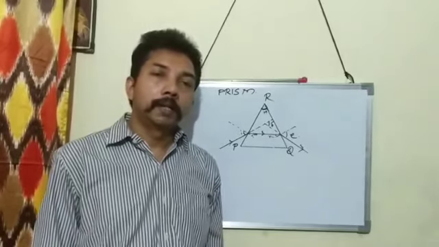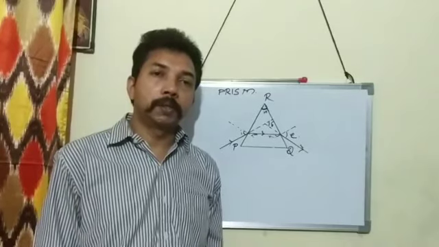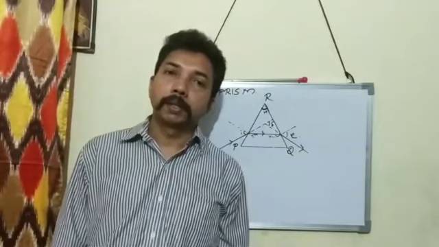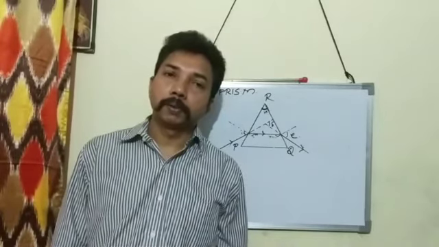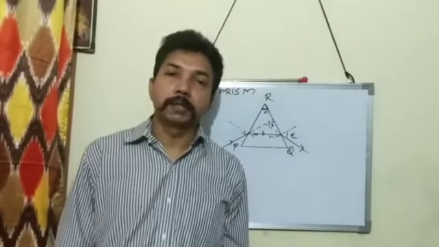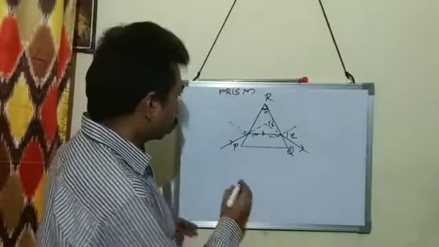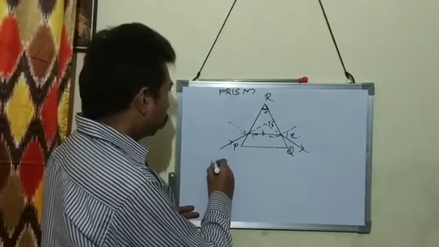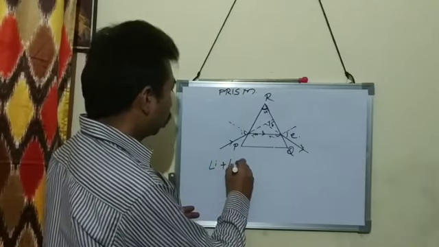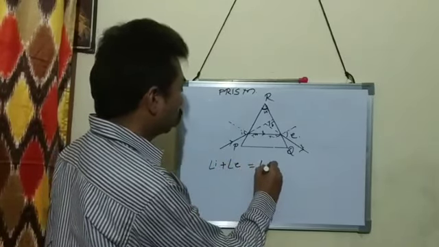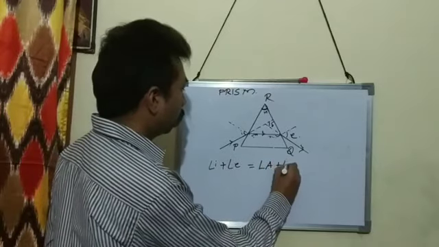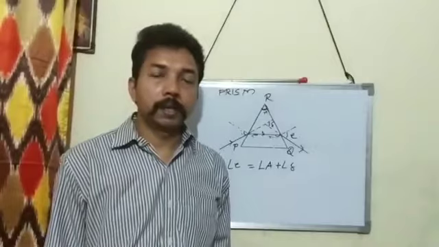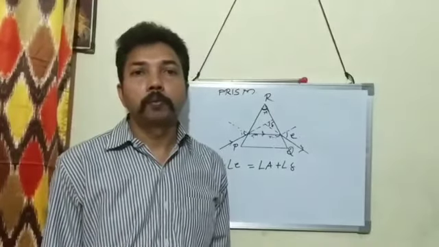There is a relation between these four: angle of incidence plus angle of emergence is equal to angle of the prism plus angle of deviation.